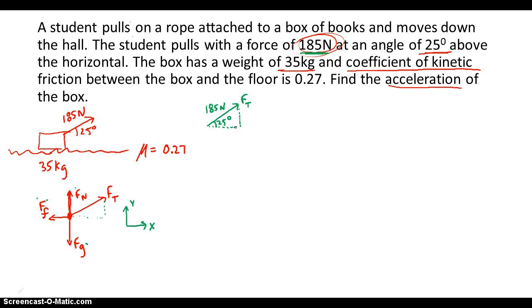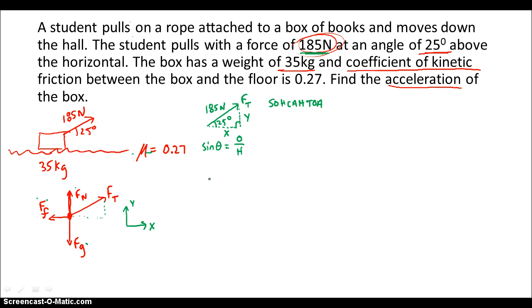Okay, so this is a right angle triangle. Whenever there's a right angle triangle, we can use SOHCAHTOA. So we can label this our x side and our y side.